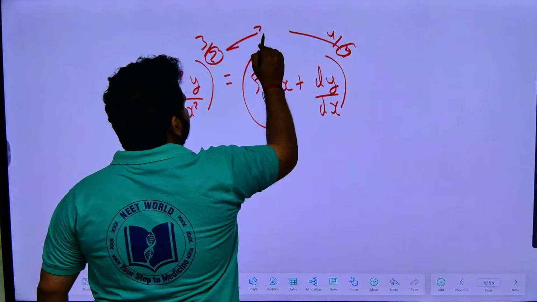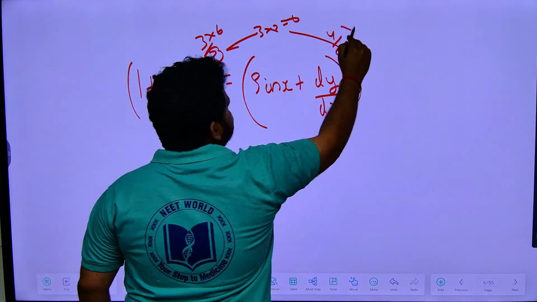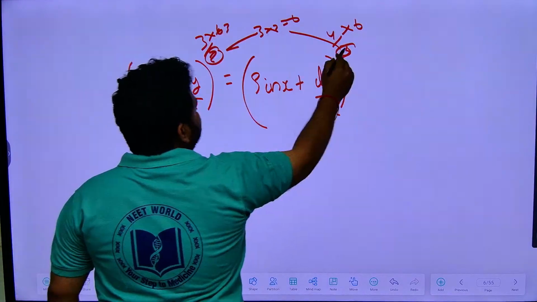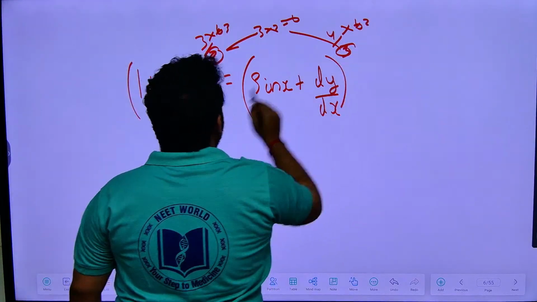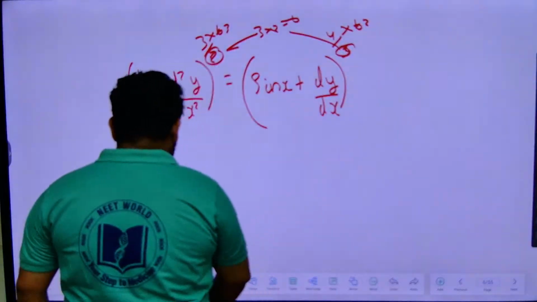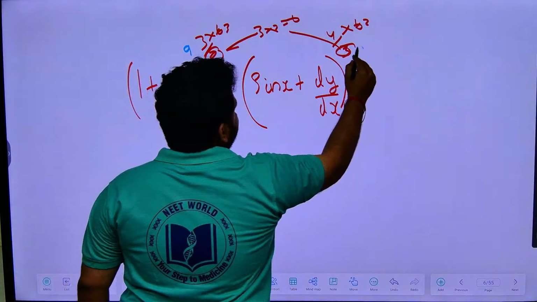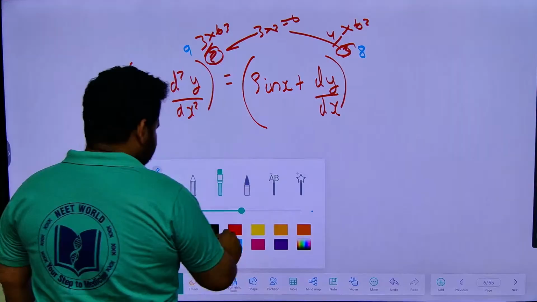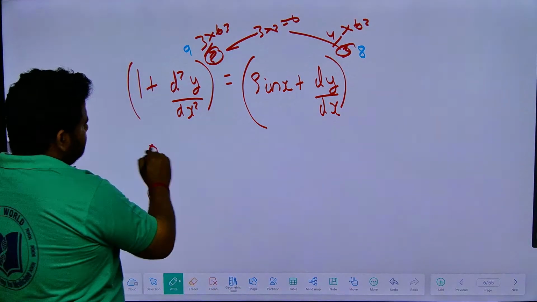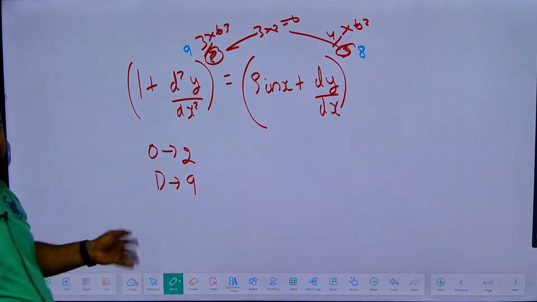So 2 3s are 9 and 3 2s are 8, so it will be to the power of 9 here and 8 here. Now, what is the order? Order is 2. What is the degree? 9. Understood? Like this you have to reduce.